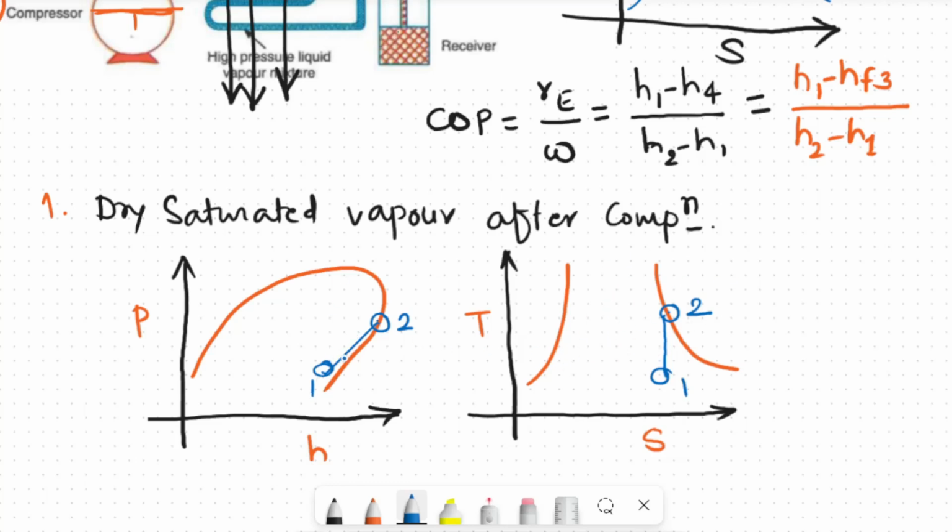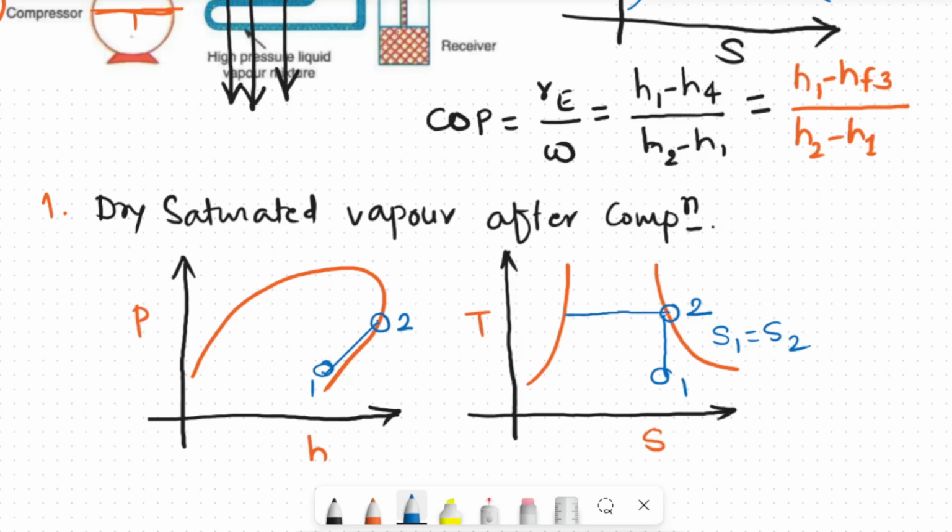So the 1 to 2 process is isentropic compression. So S1 is equal to S2, plotted on the TS diagram as a vertical line, and on the pH diagram it is a slant line, or in many of the books it is a curved line.